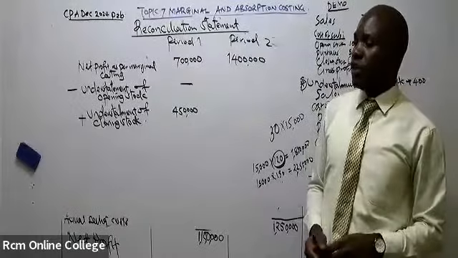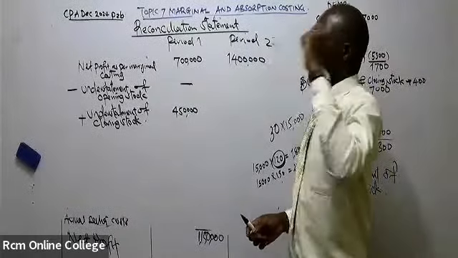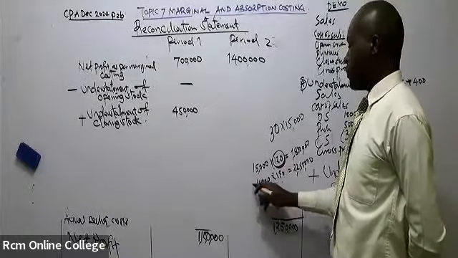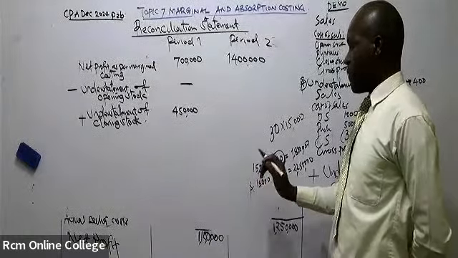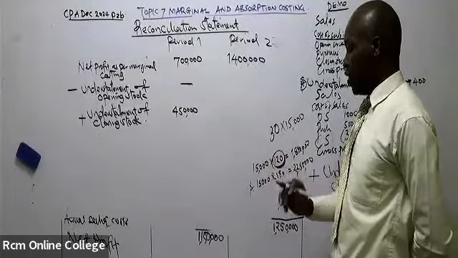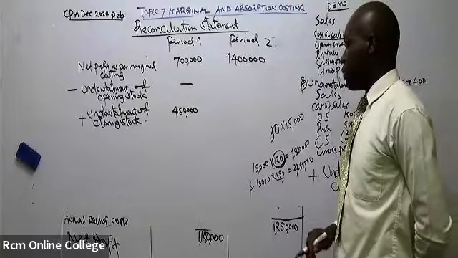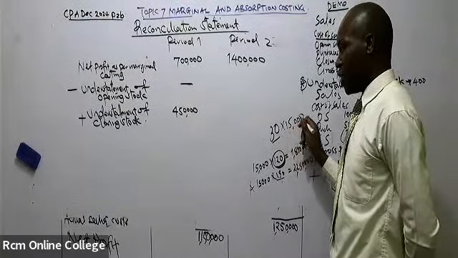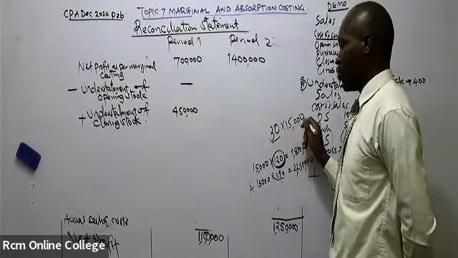Under marginal costing, this opening stock will be valued at 120 per unit. Under absorption costing, the same 15,000 units will be valued at 150. So again, we still have understatement, that is 30 shillings by 15,000 units. That will give us the 450.